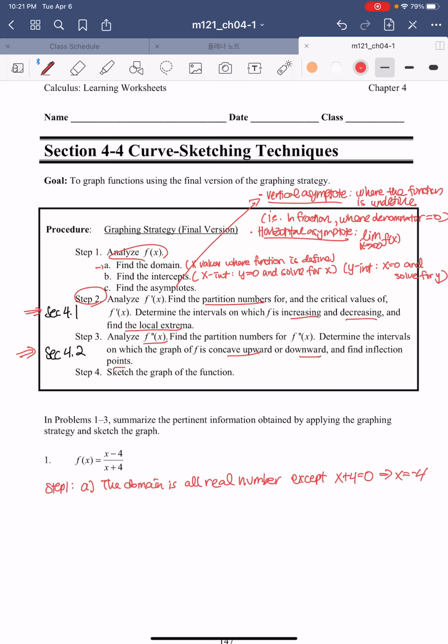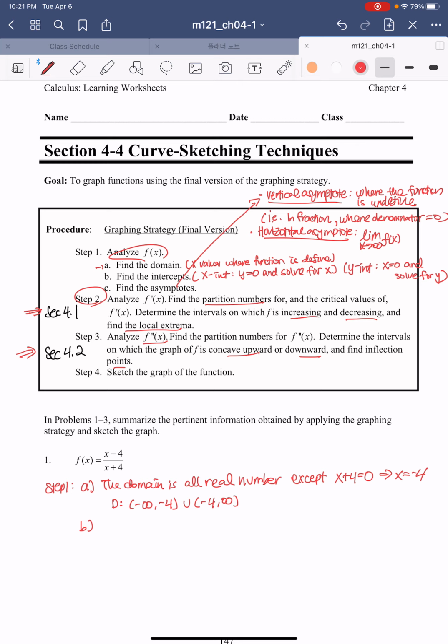In interval notation, the domain will be negative infinity to negative 4, not included, union negative 4 to infinity. This will eventually be used to find the vertical asymptote, because the vertical asymptote is where the function is undefined. But we will talk about that in a sec. Part B, intercepts. Let's find the x-intercept first.